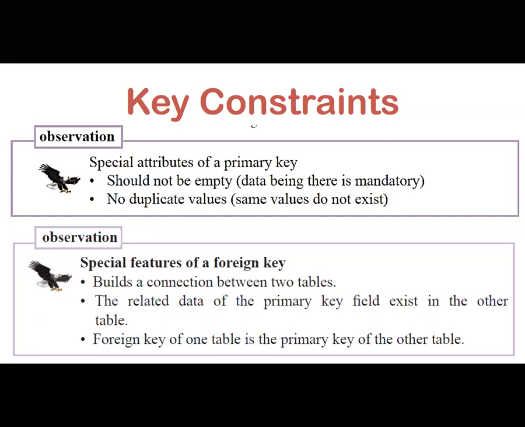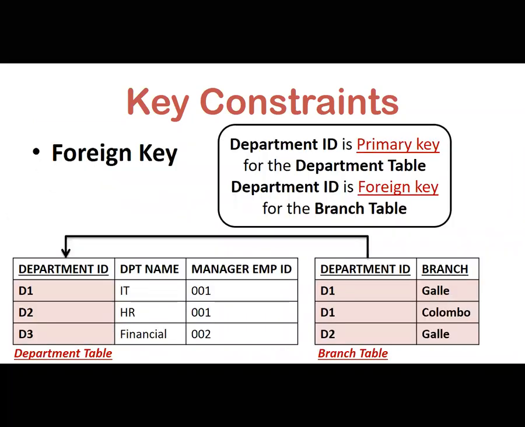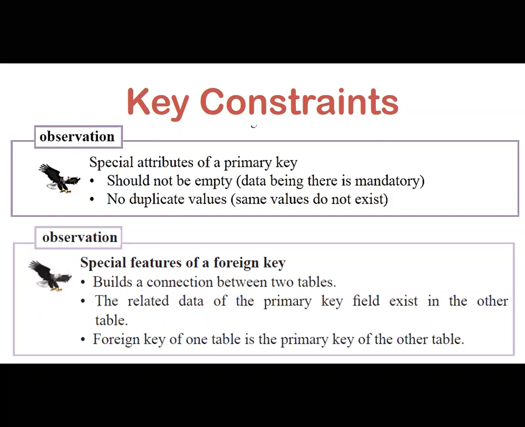You have seen earlier that department IDs exist in the department table and in the branch table. Then the foreign key is in one table a primary key of another table. It might be a primary key, but in the particular table it is the duplicate or foreign key.